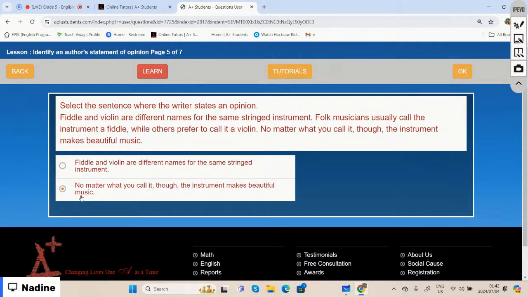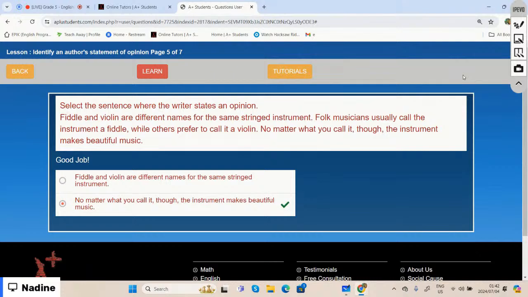Not everybody believes that it makes beautiful music, right?